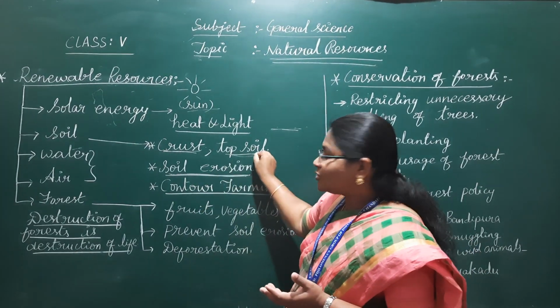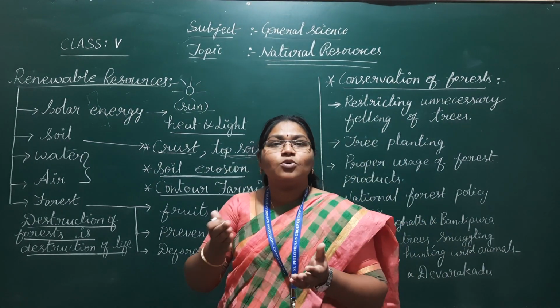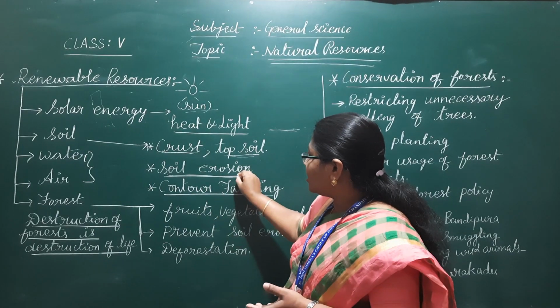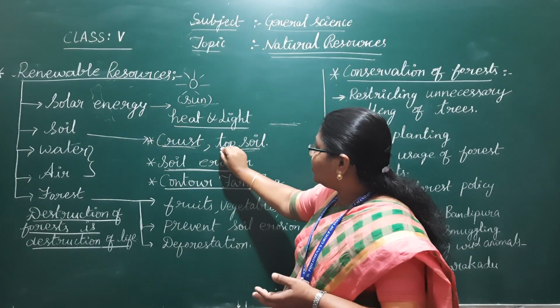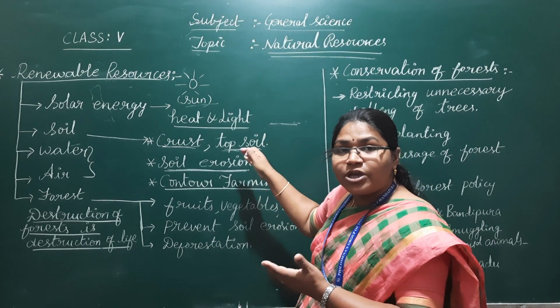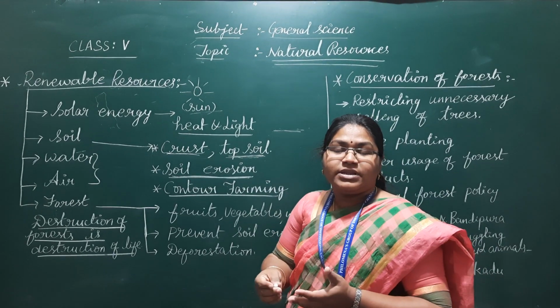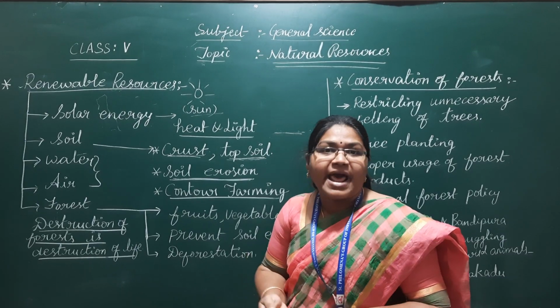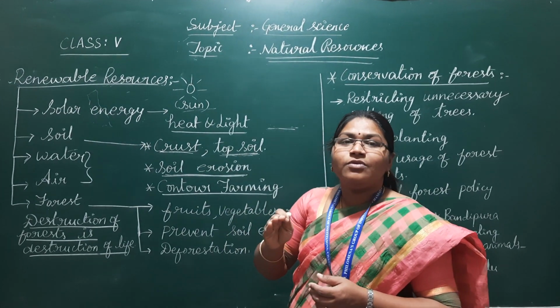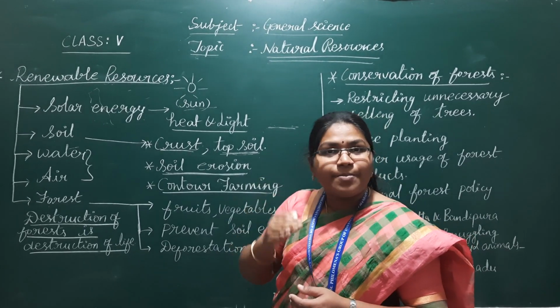This topsoil contains many minerals and organic substances for the growth and development of plants. Because of soil erosion, if we lose this topsoil, there is no growth of plants. That's why topsoil is very essential to give minerals and organic substances to plants.